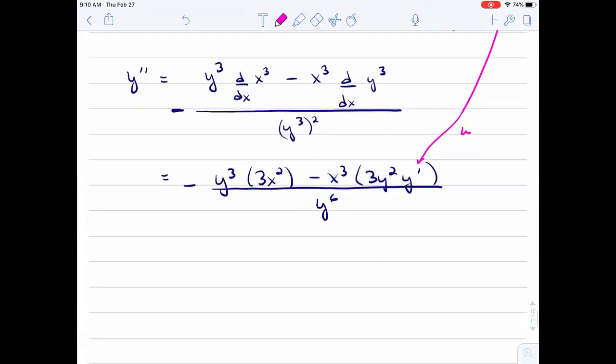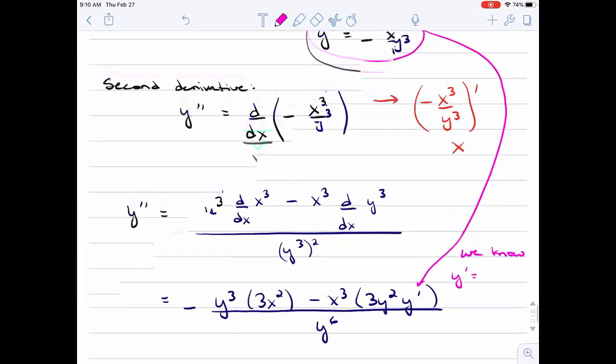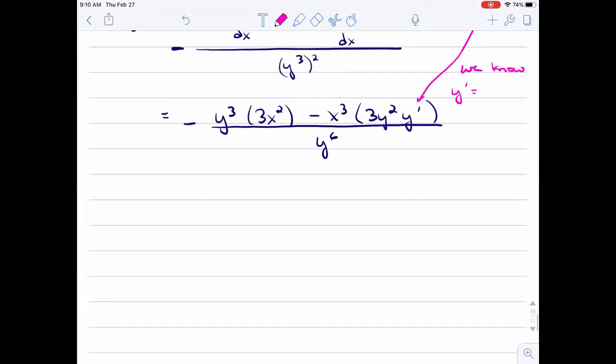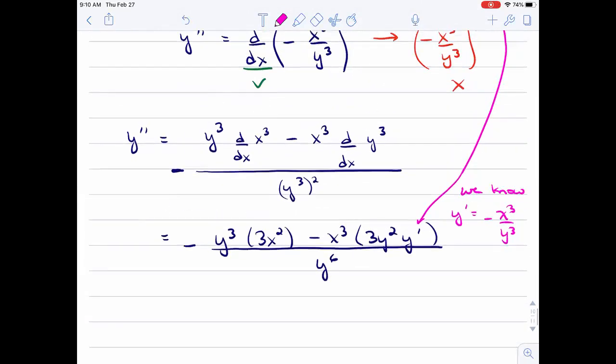We know that y prime is negative x to the 3 over y to the 3. So then we can replace that in there, and then we can simplify, and then we've found the second derivative.